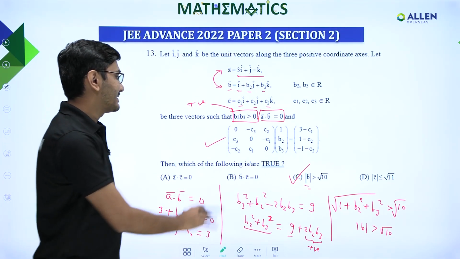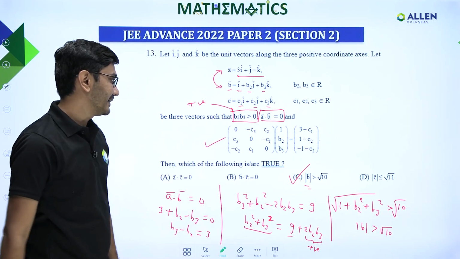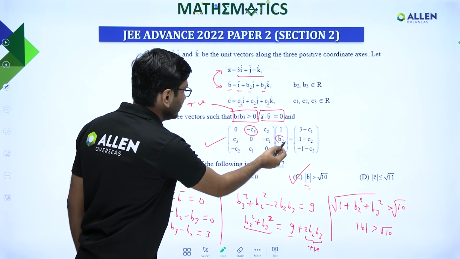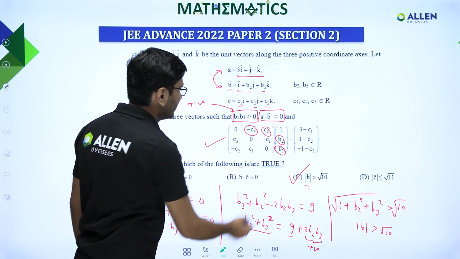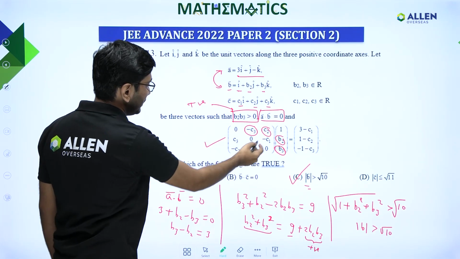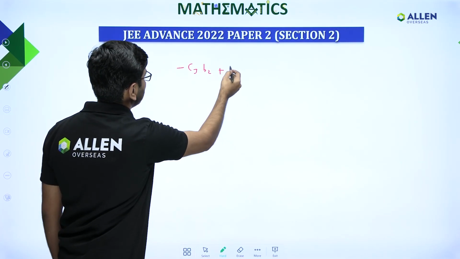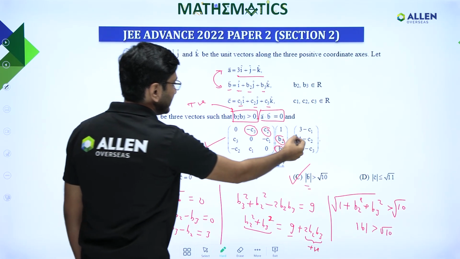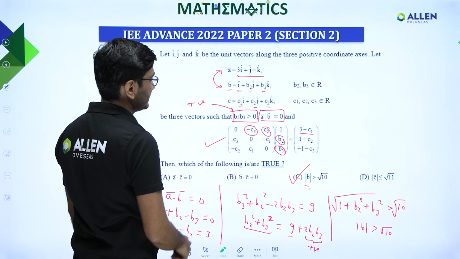Now, just look at this equation in terms of the matrix. If I solve this equation, I will get minus c3 b2 and c2 b3. So, minus c3 b2 and c2 b3 will be equal to this 3 minus c1.